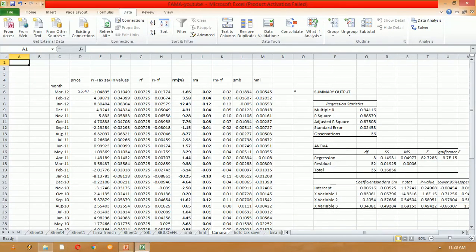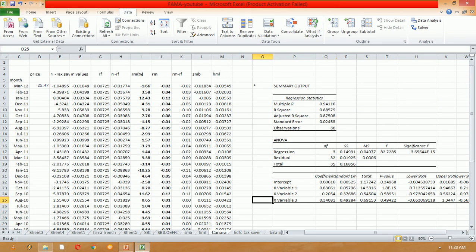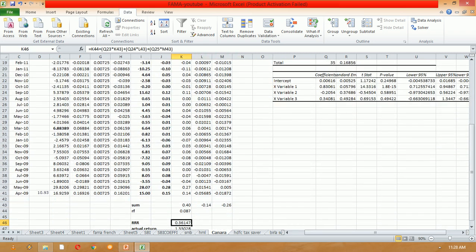Right, so multiple R, R square, adjusted R square, standard error, residual, significance, everything is there. This has its own explanation. For calculating this Fama French, we need these three variables, that is the coefficients of Rm minus Rf, SMB and HML, right? For this I have already given the formula here.